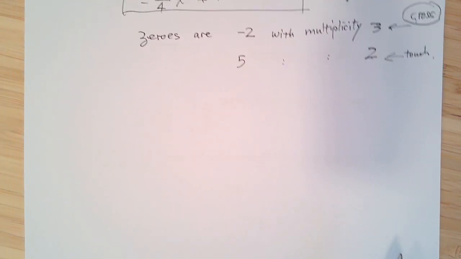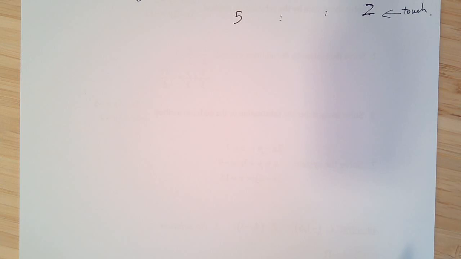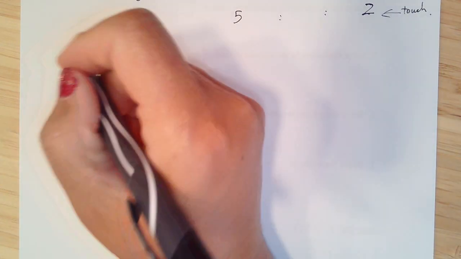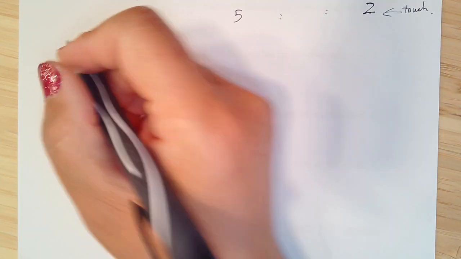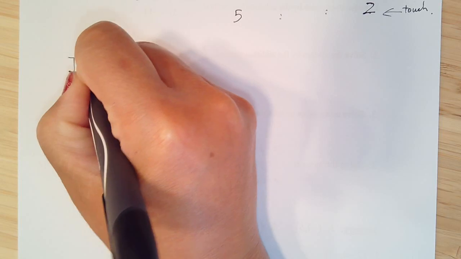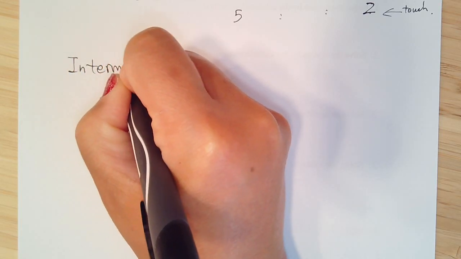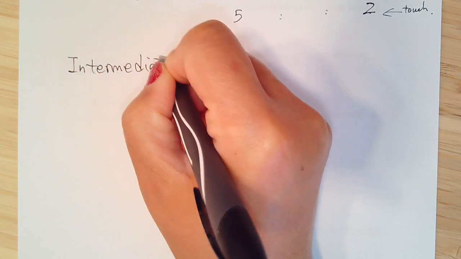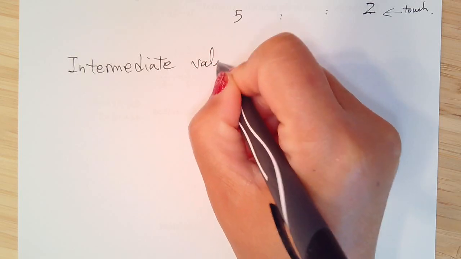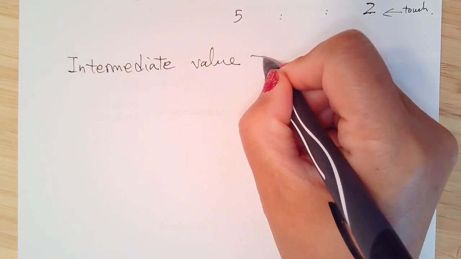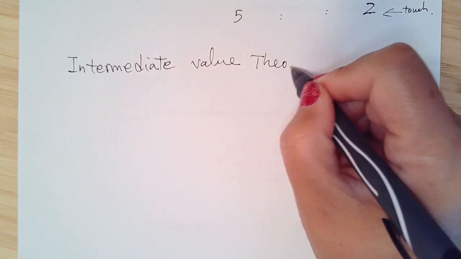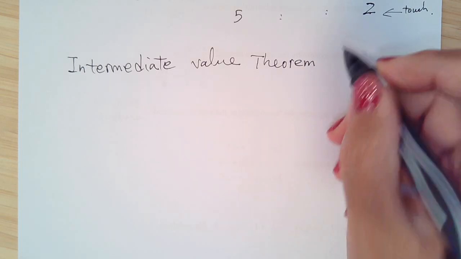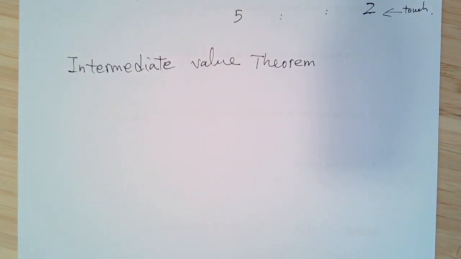All right, now next one, important. Every time we talk about a theorem, that's important. It's called the intermediate value theorem. Actually, this is a simple version of the intermediate value theorem.